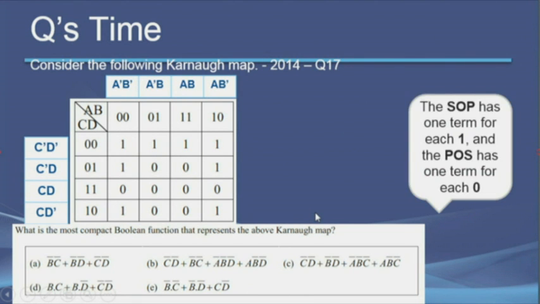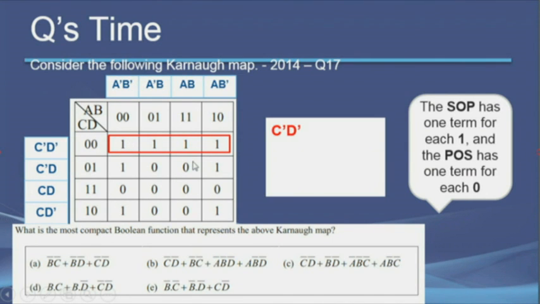So, let us consider the first group. This is the first group that you can see, and for this group you have to have the common factors. A bar and A both related to this group, B bar and B both related to this group.